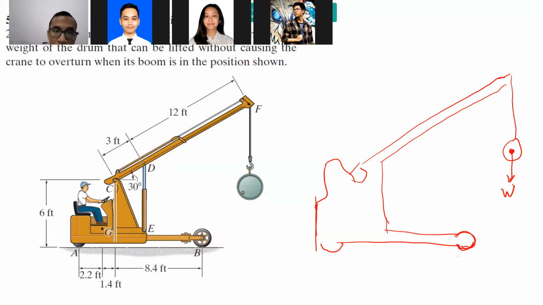And there's tension force. You don't have to draw the tension because we draw the whole free body diagram. We don't have to draw the internal force. When we draw the free body diagram, the force that we're supposed to draw is just the external one and the weight only.